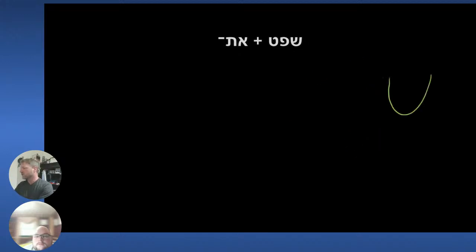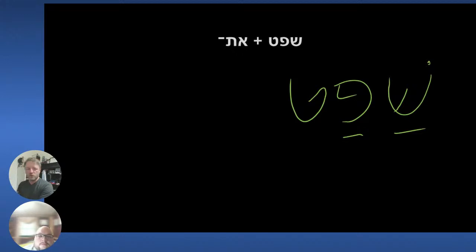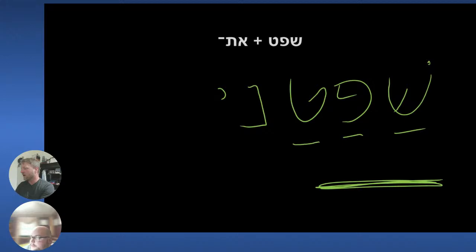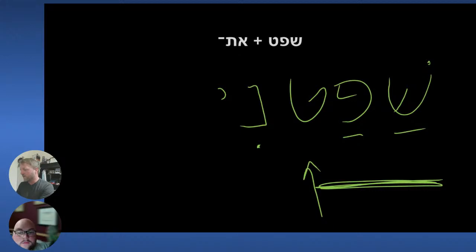So we're going to reduce all of the vowels to their common sound, shafat. Then we add the endings according to the table. If I say "he judged me," me is ni. And I want to have ani here because that ends in a consonant. If it were a vowel, I wouldn't need a.